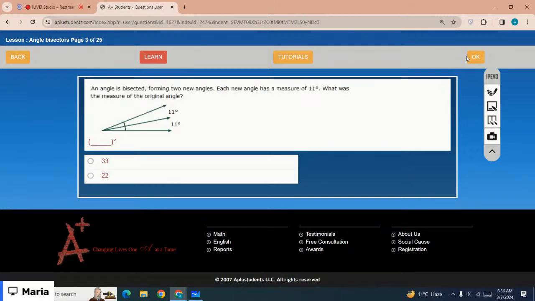An angle is bisected, forming two new angles. Each angle has a measure of 11 degrees. What was the measure of the original angle? So, which is the correct option?